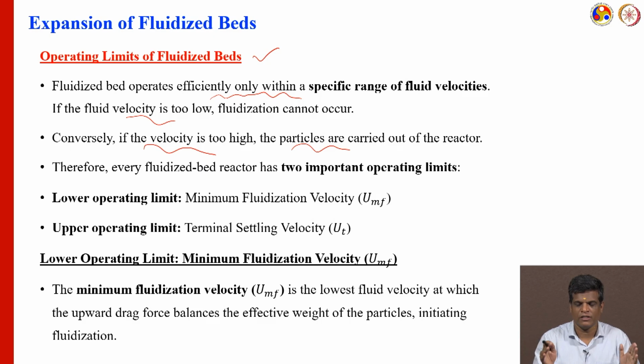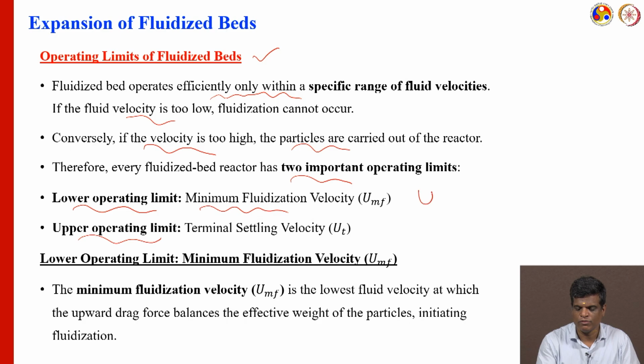Definitely, therefore, we have to operate the fluidized bed reactor within two important operating limits. What are the limits here? There is a lower operating limit and an upper operating limit. The lower operating limit we call the minimum fluidization velocity. We cannot run below the UMF value, because if you do, it will act as a packed bed or fixed bed.